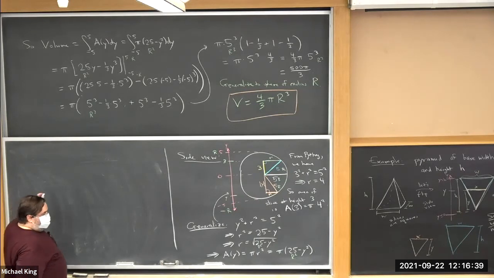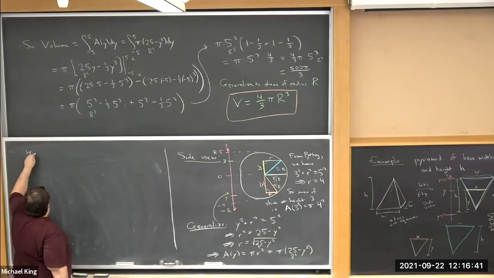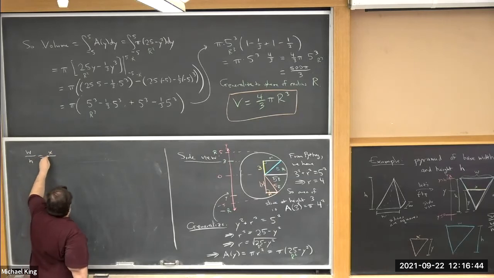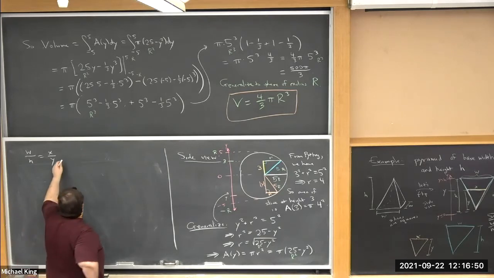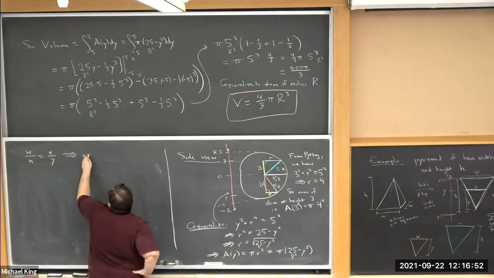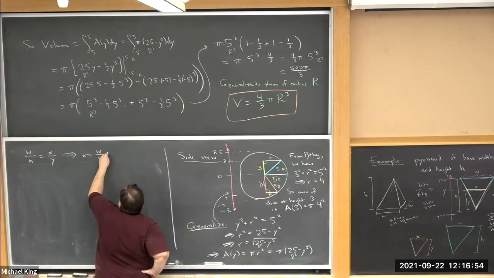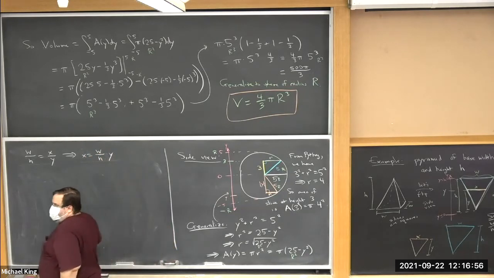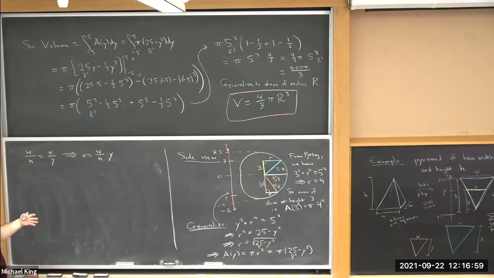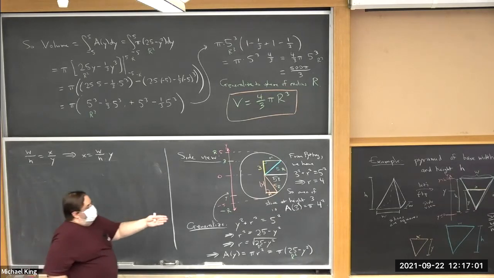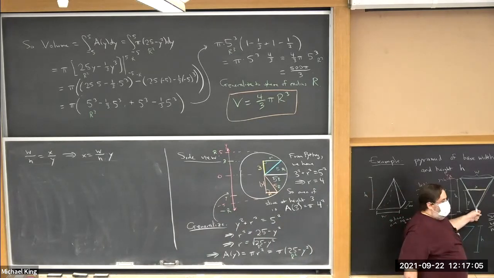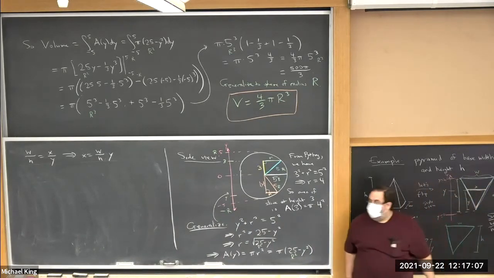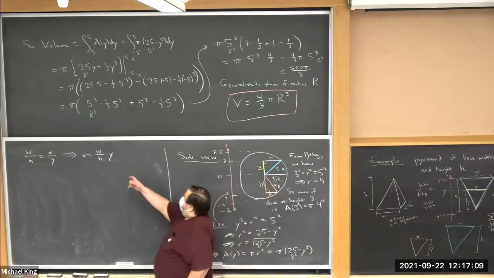So yeah, we said W is to H as X is to Y. And we really want X as a function of Y, right? We want the width as a function of Y. So that means X is W over H times Y. Again, that should make sense: at height 0 the width was 0, and at height H the width was W. If I plug in 0 here, I get X is 0.